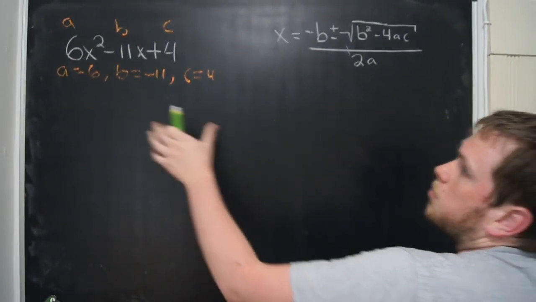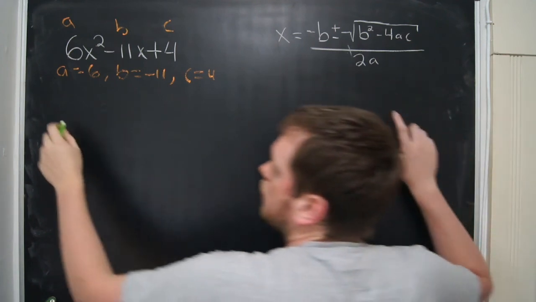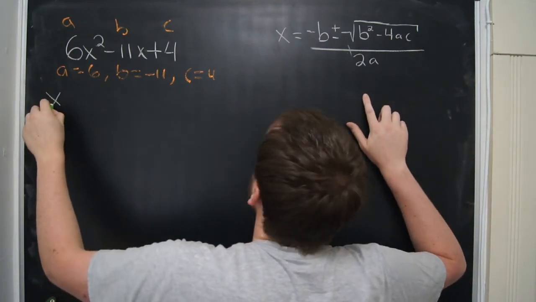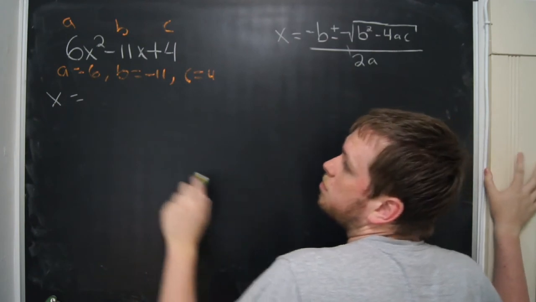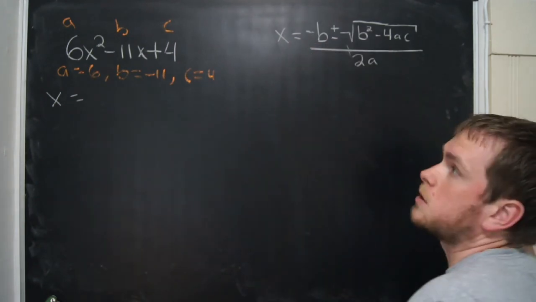So I'm just going to start by taking my quadratic and following this format. I'm going to plug things right in. Just bear with me and we'll work through it together.